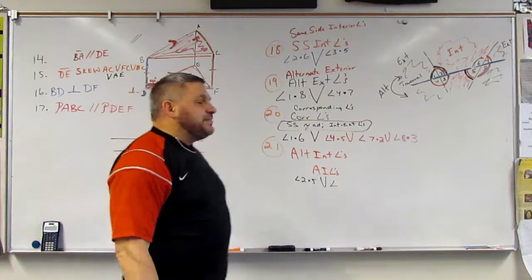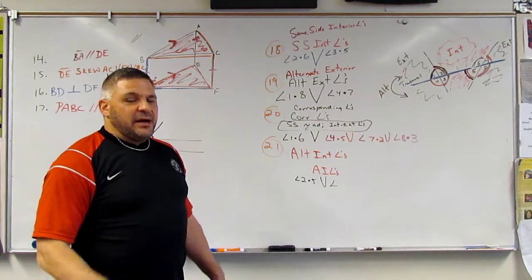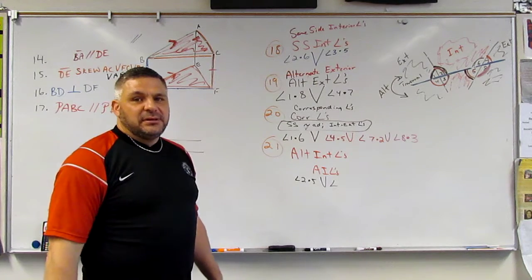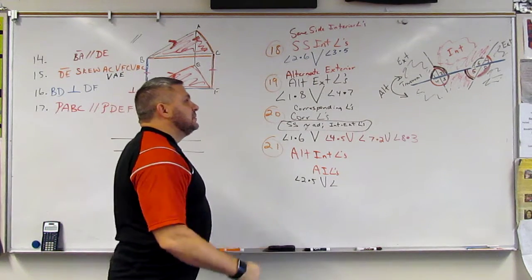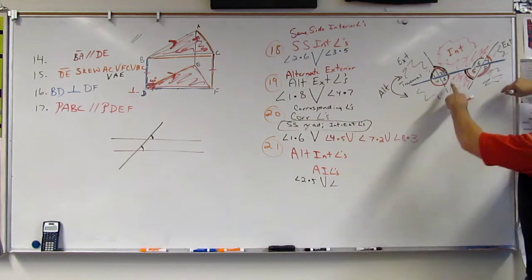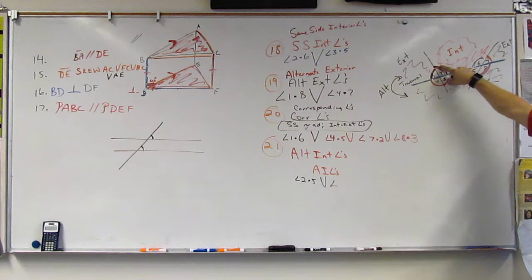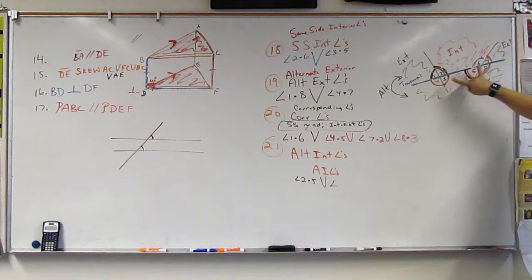Nope. Has to be interior. Has to be in the red. Can't be on the same side. 3 and 5? It cannot be on the same side. It cannot be 2 because 2 would be adjacent. So you got the right idea. It's on the other side, right? But it can't be 2 because 2 is adjacent. 3 and 6.